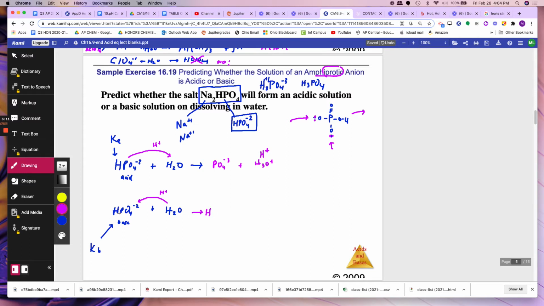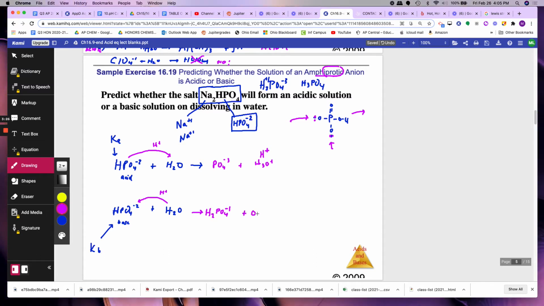It used to have 1 H, now it has 2. So as a base, it'll take 1 H right here in this position maybe. Now you have a -1 because you added 1 proton, plus OH-. So you have the possibility of it producing more OH- or more H+. Whichever wins is going to make the solution either acidic or basic.